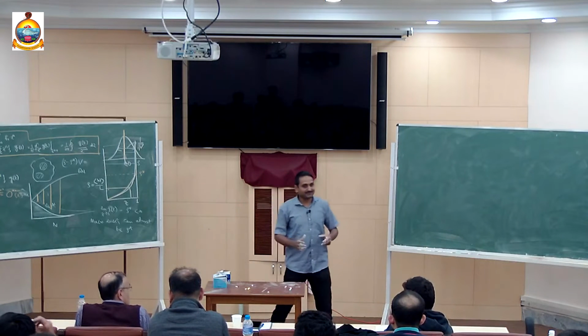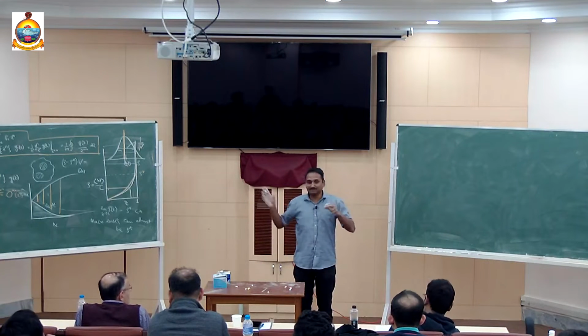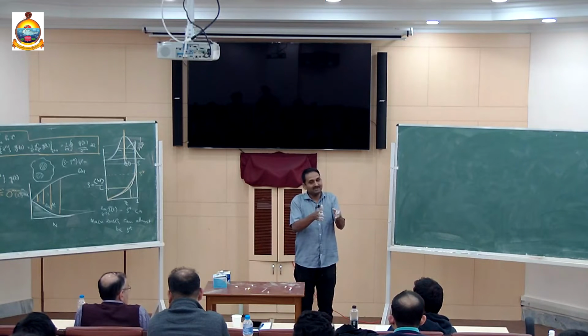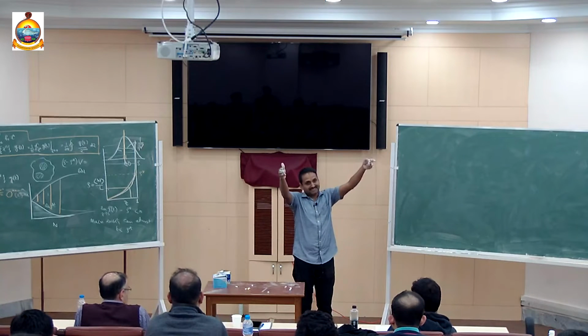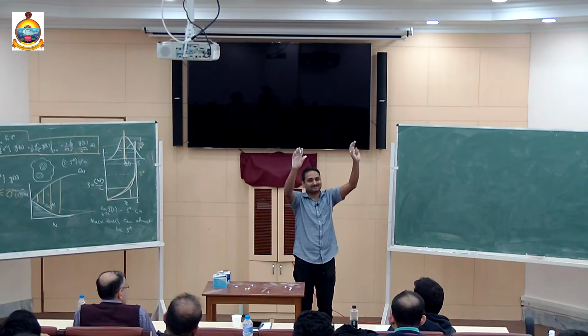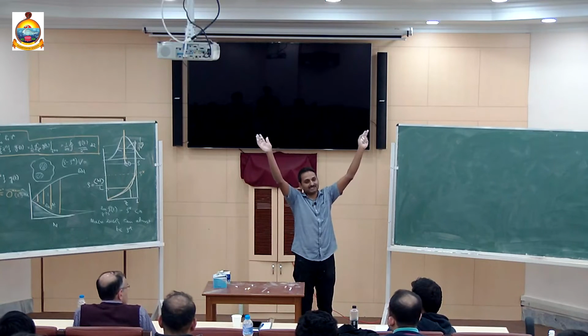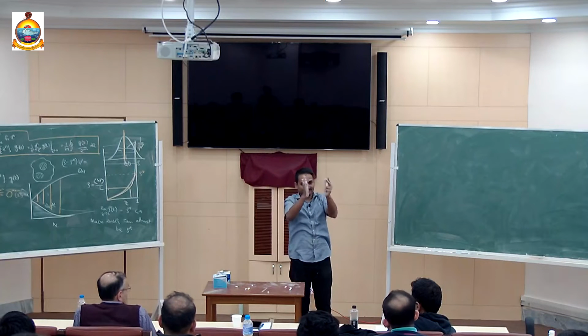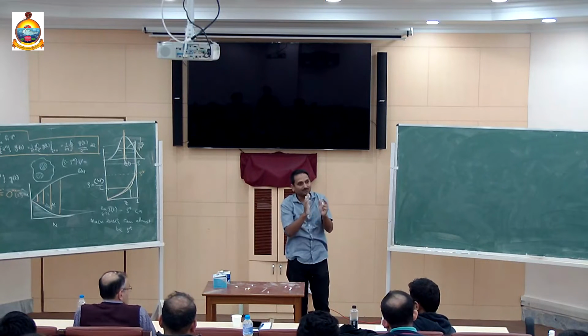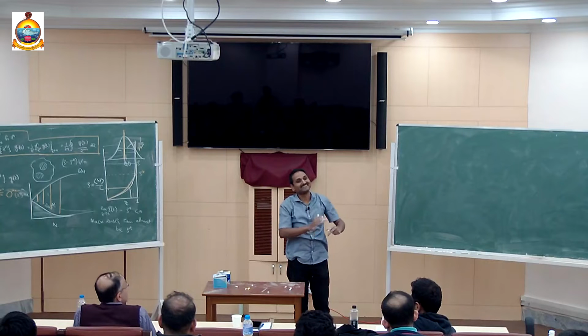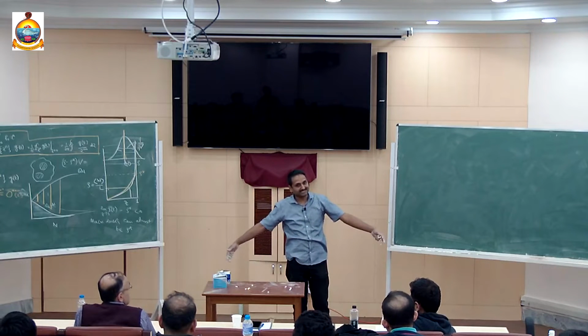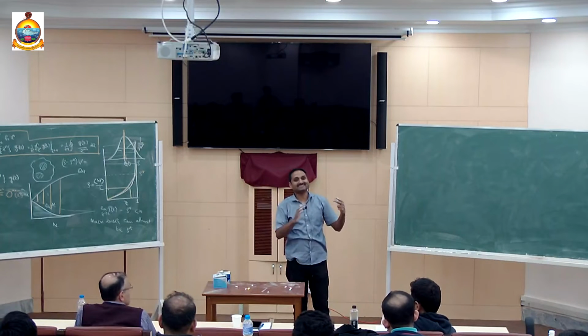If you have system size 100 and this many particles are distributed in 4 sites, then if you take 10,000, it will not be 4,000. It will be less than that. So if you take system size L going to infinity, this fraction goes to 0. The number of sites where the condensate resides divided by the number of sites in the system, in the limit L goes to infinity, goes to 0.